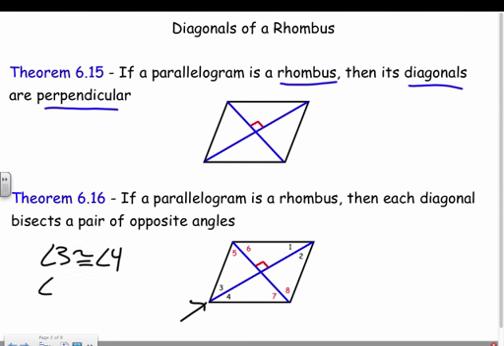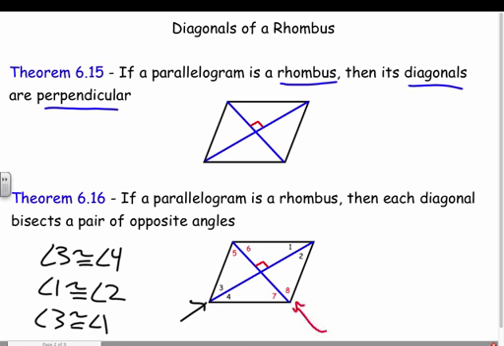I also know that angle 1 is congruent to angle 2. And it just so happens that these are the same as well. So angle 3 is congruent to angle 1, which means angle 3 is also congruent to angle 2, and angle 4 is congruent to angle 2. It bisects.